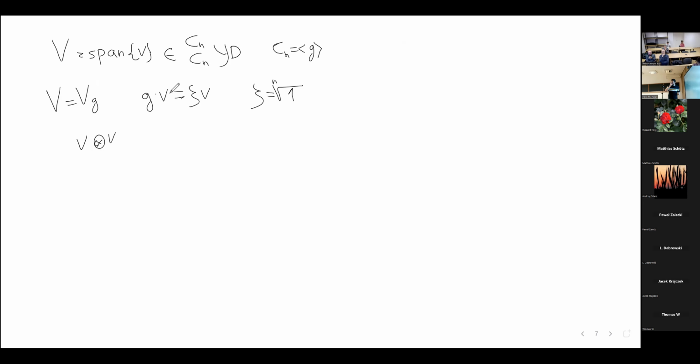Do you want it to be a primitive root or not necessarily? Primitive, yes. Yes, thanks. Okay, so V tensor V now will map to zeta V tensor V. Here's what we get for the Nichols algebra in this case.